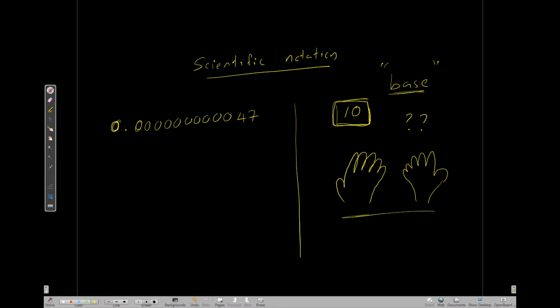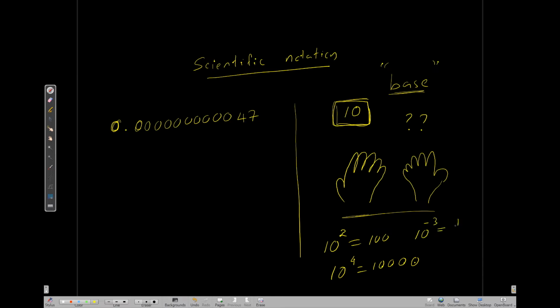Anyway, using base 10, for example, if I write 10 squared, exponents, last video we talked about exponents, this is 100, right? And 10 to the 4th, so 4 zeros, 1 2 3 4, 10,000. What if I write down 10 to the negative 3?